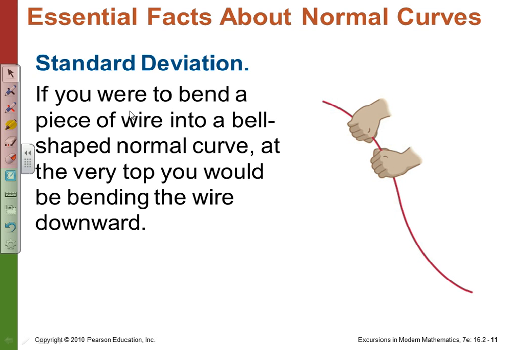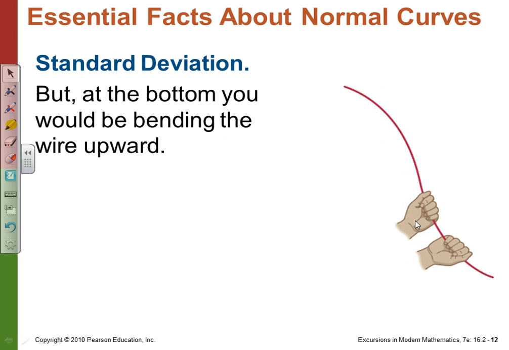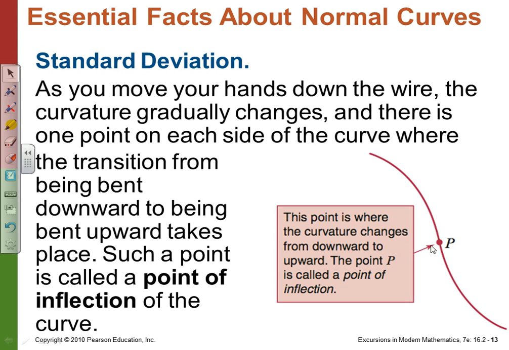Okay, but where the wire is bent, that spot on the wire is where the standard deviation is. So I'm concave up, I'm concave down. At that spot, that's where one standard deviation is, and we call that point P, the inflection point. And it won't be until you get to Calculus 1 that you'll hear inflection point ever again in your entire life.